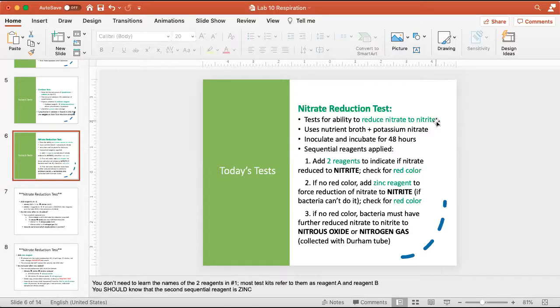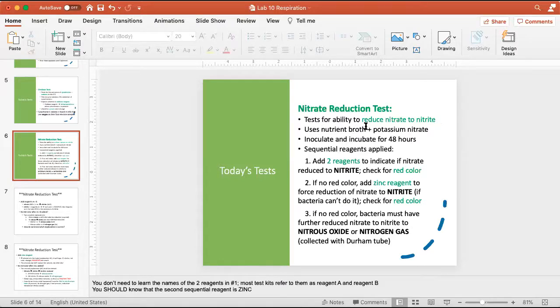So that was the first pathway that we talked about for nitrate being reduced. If the microbe can take nitrate and use it at the bottom of its electron transport chain and convert it, in other words, reduce it to nitrite, that's what the test is all about.